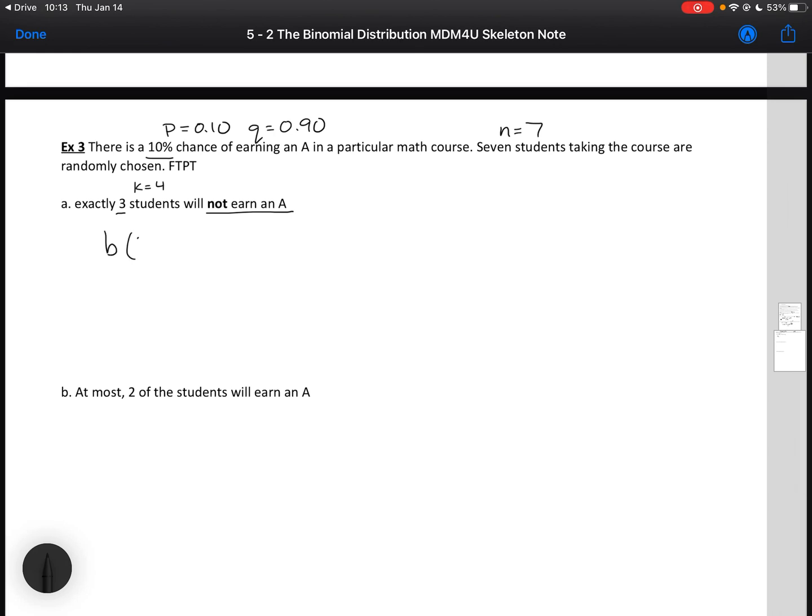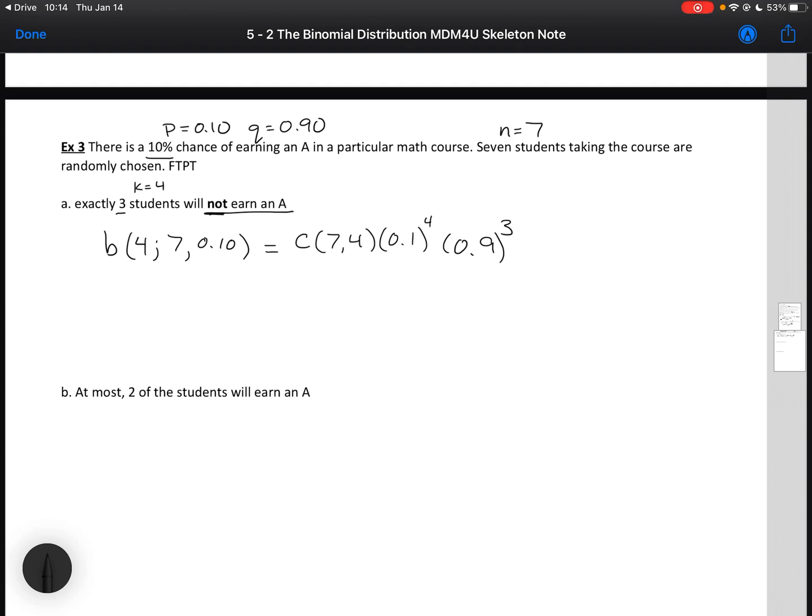So to write that out, we would have 4 successes, 7 trials, 10% chance of success. Putting that into our formula, we'd have 7 choose 4, 0.1 to the exponent 4, 0.9 to the exponent 3. Before I calculate this, I'm just going to go back again to the language. The question's asking me to find the probability that exactly 3 students will not earn an A. So that puts them in the failure category.